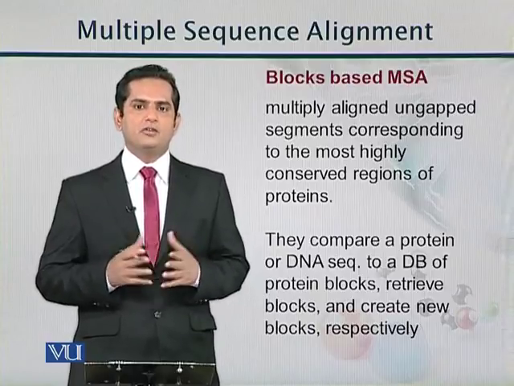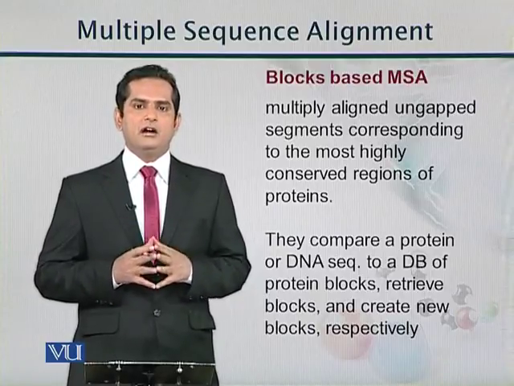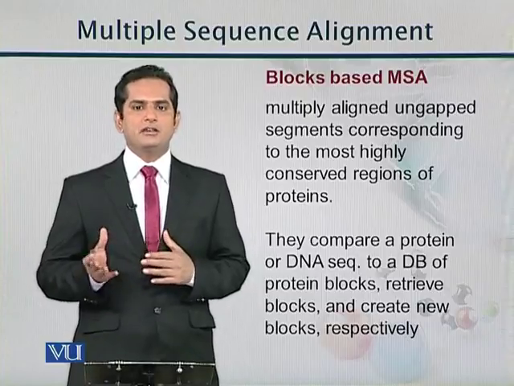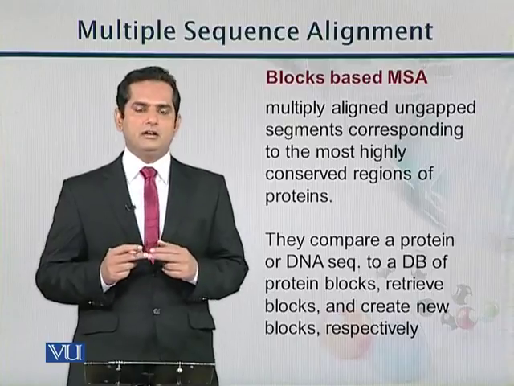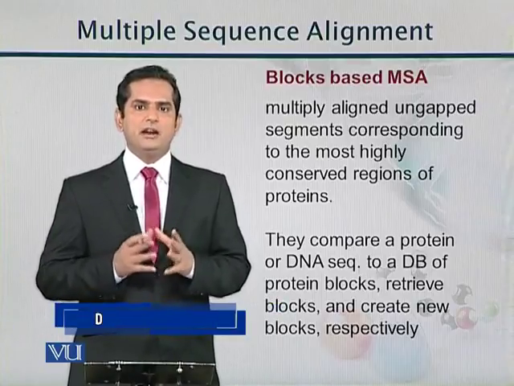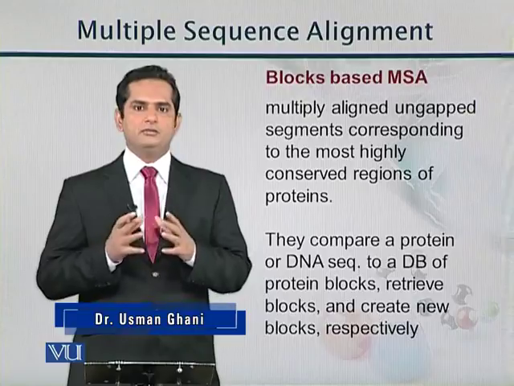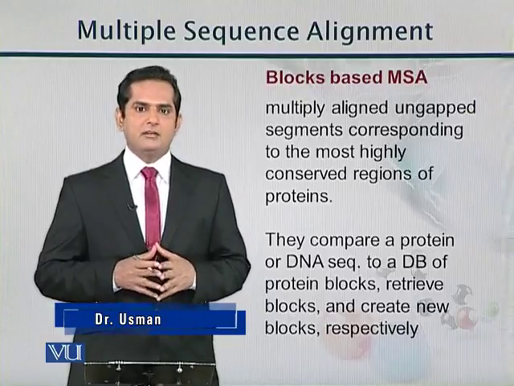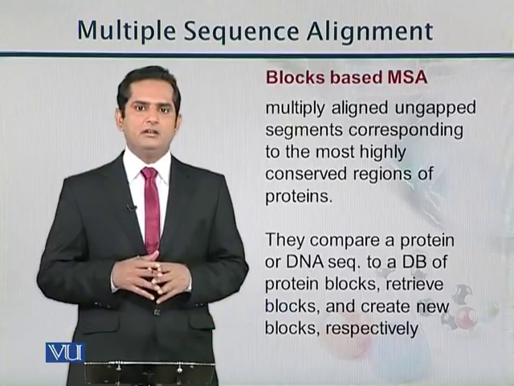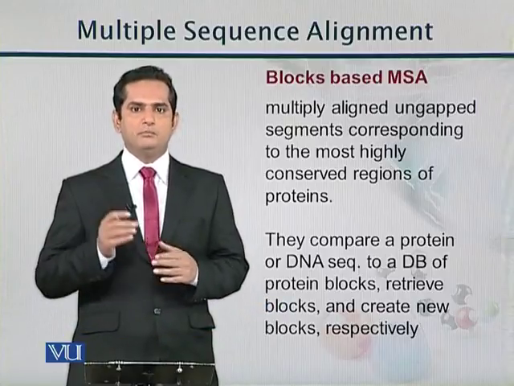So heuristic was our common day knowledge, and what was that information for BLAST or FASTA? That instead of comparing individual characters in the sequences, let's try to compare blocks of those characters. So the third technique for multiple sequence alignment, block based MSA, is based on blocks information.